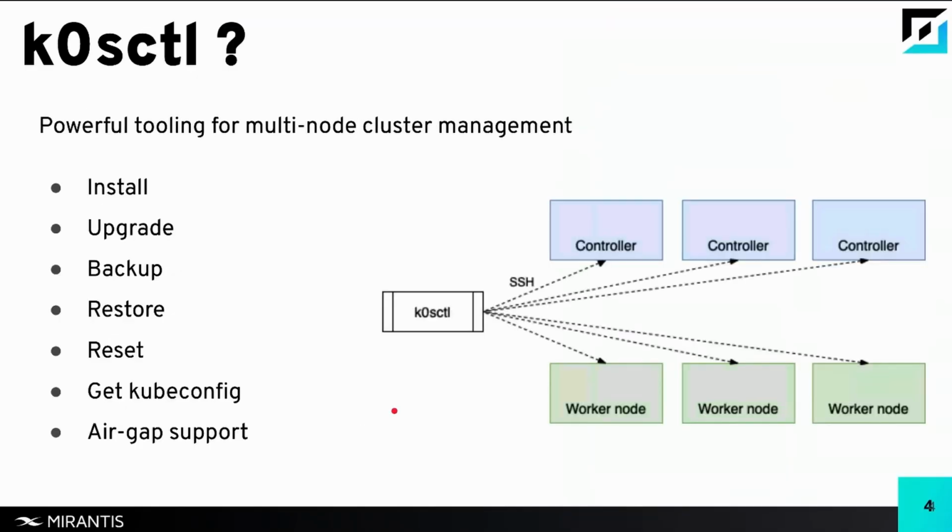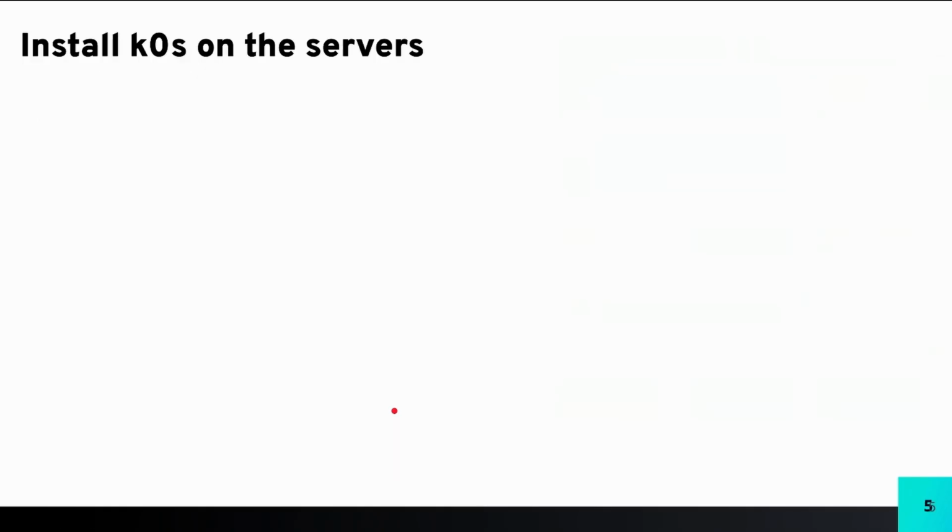You could also have a more detailed deployment with this one single cluster. You could, for example, have a few VMs, and then you just need to inject the VM IPs into one YAML file, and then you run k0sctl apply, and here you go. You have your cluster, which is up and running.